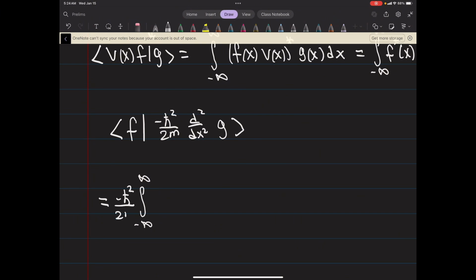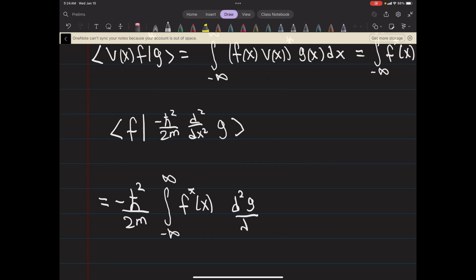So let me write this a little nicer. So we have the complex conjugate of f, and then the second derivative acting on g, which is just this. Now this is just begging to be integrated by parts.